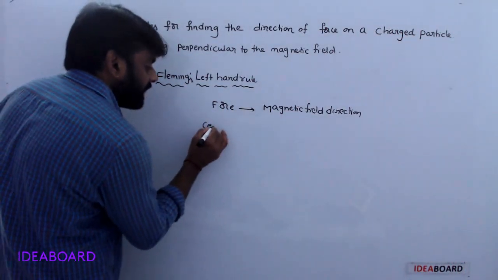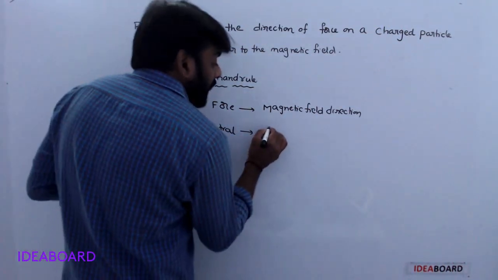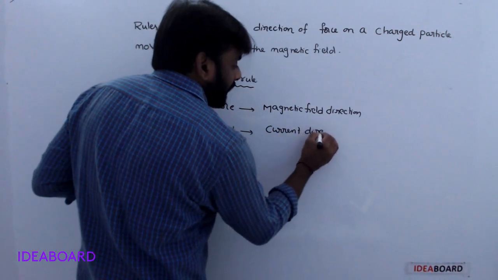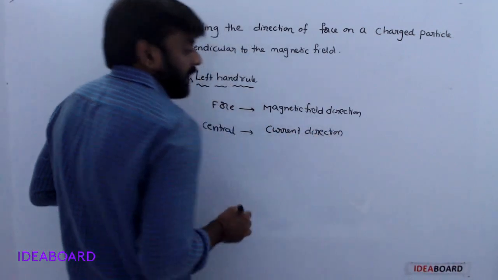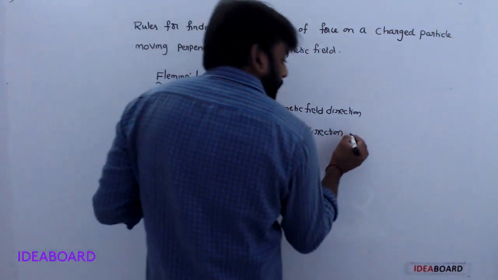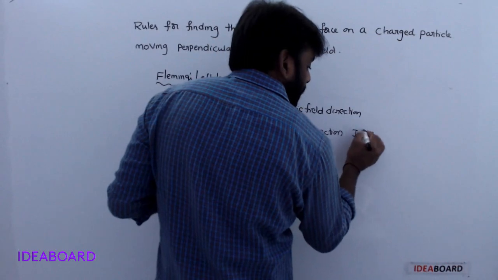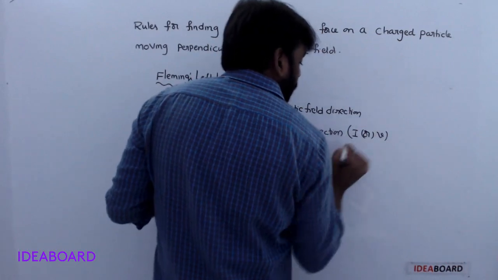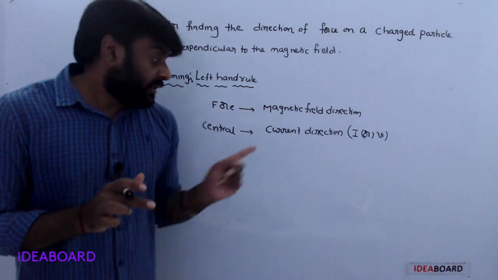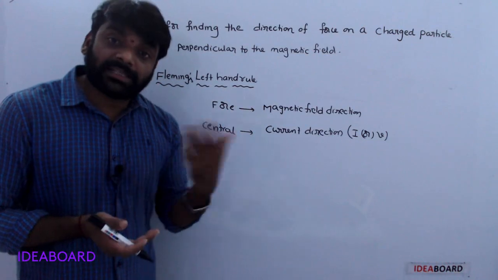Central finger represents the current direction, or positive charged particle moving direction, current or velocity.